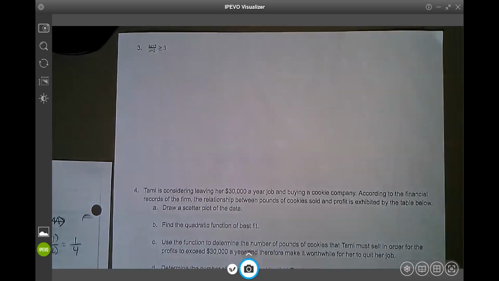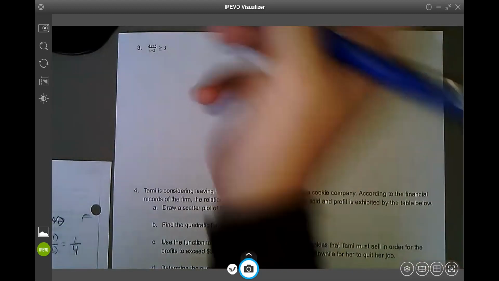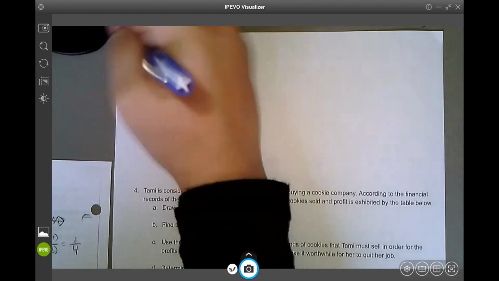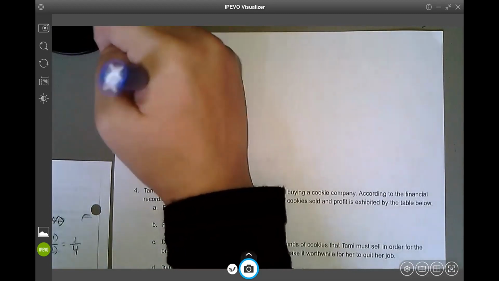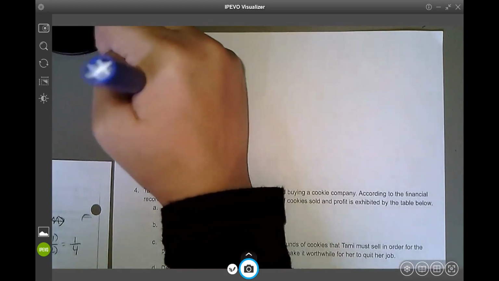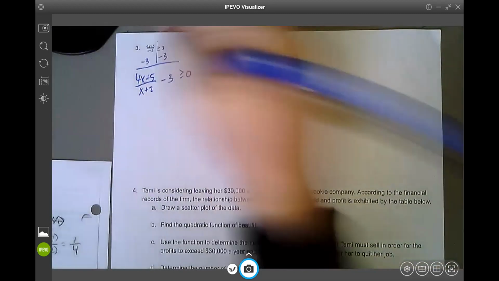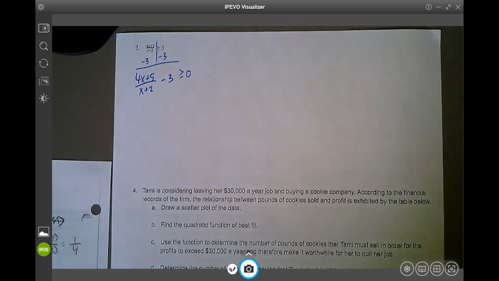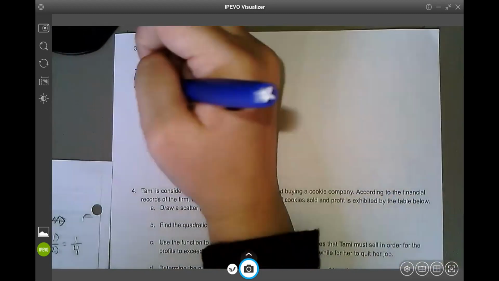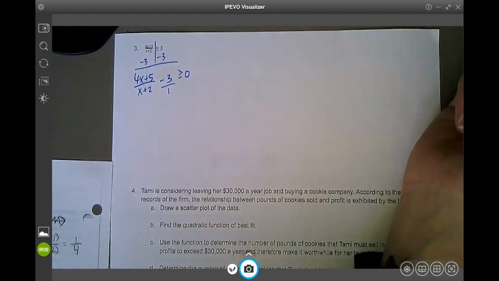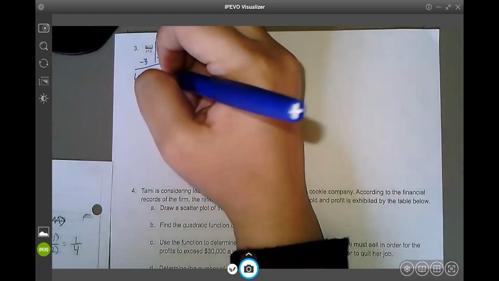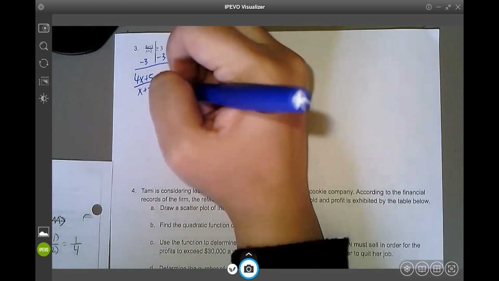All right, so here, I need to set it equal to 0, so I'm going to subtract 3 from both sides. I have 4x plus 5 over x plus 2, and then minus 3, greater than or equal to 0. I need to get a common denominator. So I'm going to multiply my negative 3 over 1 by x plus 2 over x plus 2.